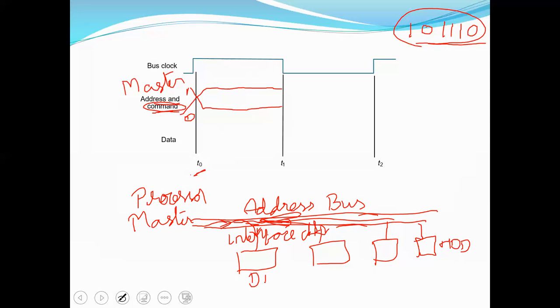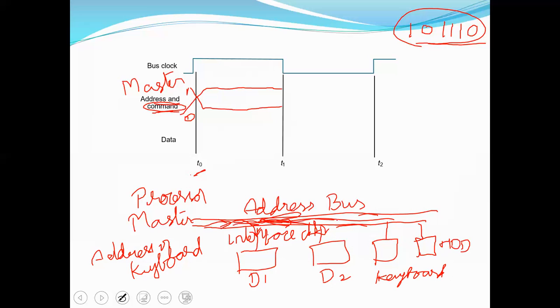Okay, so the master has put the address. Suppose it has put the address of the keyboard. The processor wants to communicate with the keyboard. Okay, there are many devices connected: printer, monitor, keyboard here, suppose hard disk. Okay, so all those devices are connected.